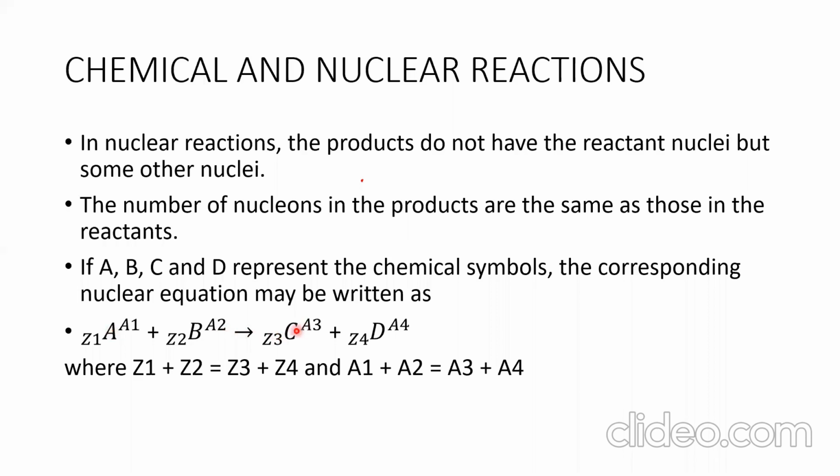A is not equal to C, B is not equal to D. Any one of these elements is not the same. That is the basic difference between chemical and nuclear reactions. In a chemical reaction, the nuclear structure, that is the number of protons and number of neutrons, is not going to change, but in a nuclear reaction they change.